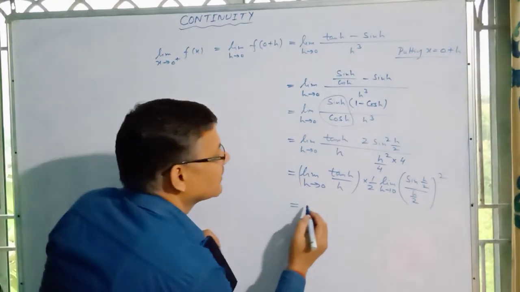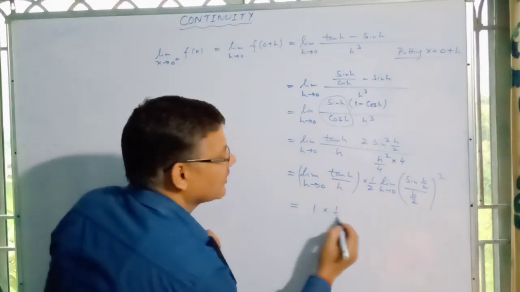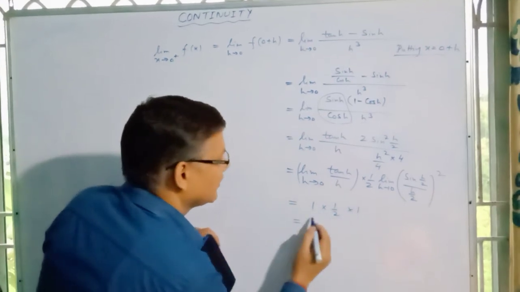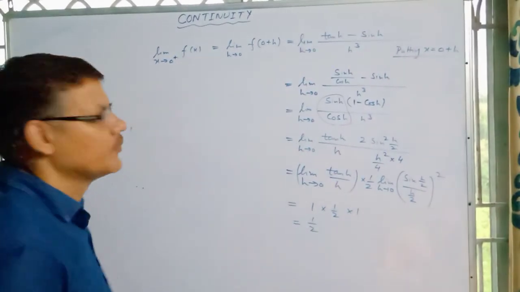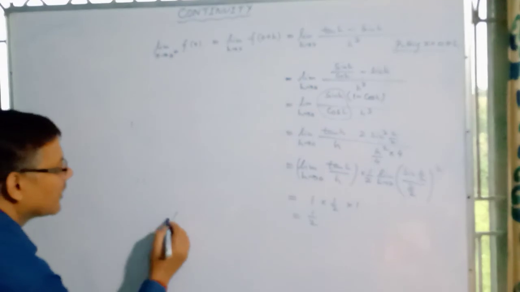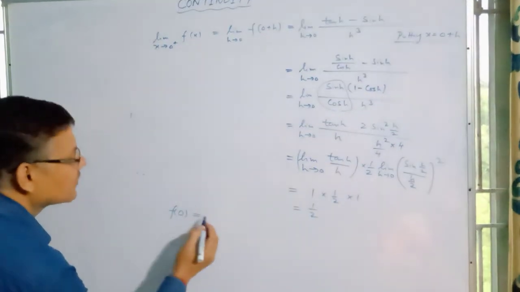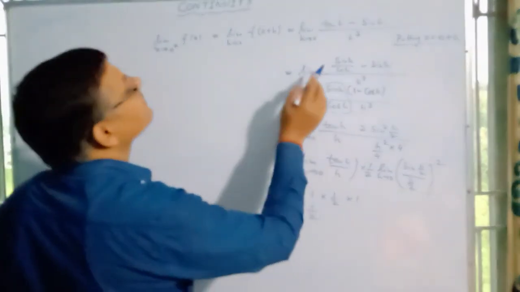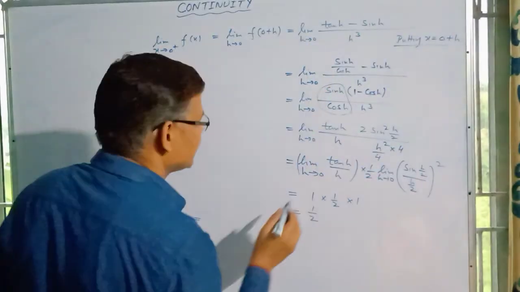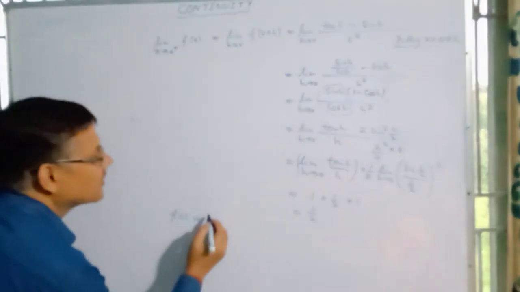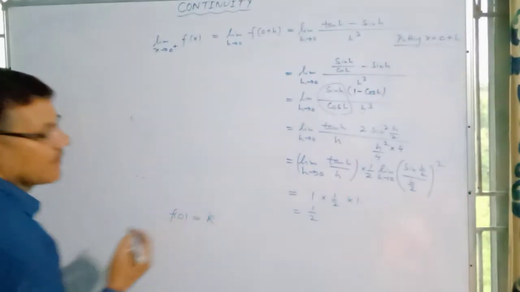Now it comes as 1 into 1 by 2 into 1, which is 1 by 2. Also f of 0 is from the same function, and it comes as k.